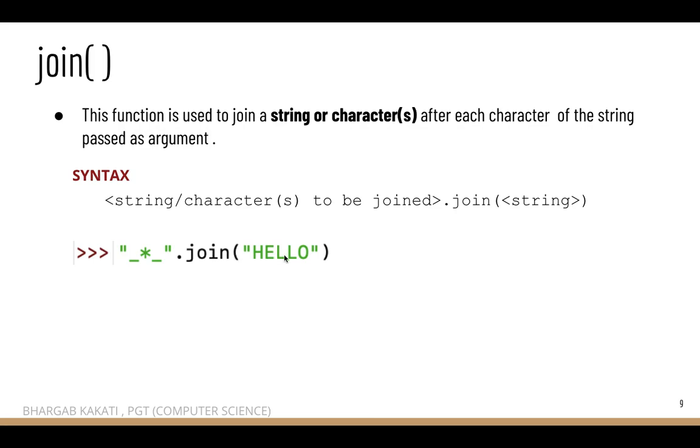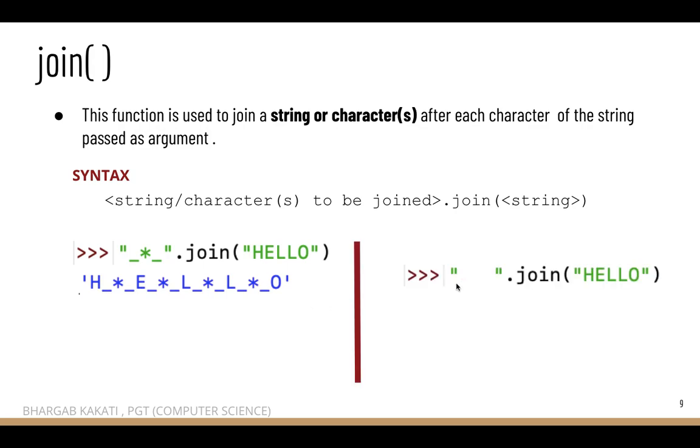Dot join, to whom we want it to join, we will put it within the argument. Then what will happen? After each character of the argument put under join, this particular characters will appear here. So here, since I gave here underscore star underscore, so after each character, this particular characters are being joined here.